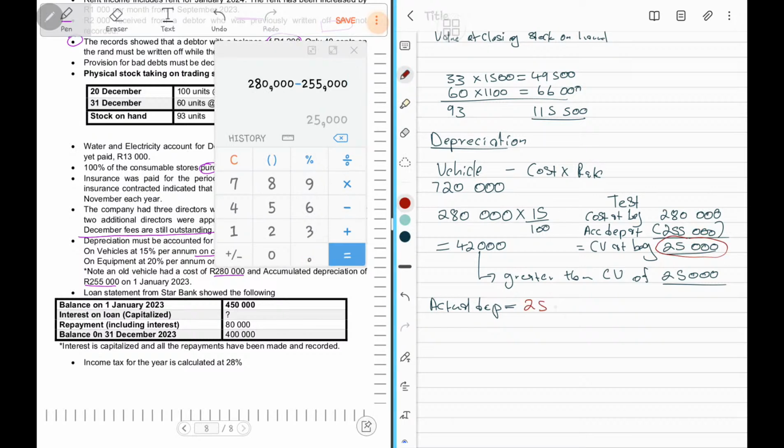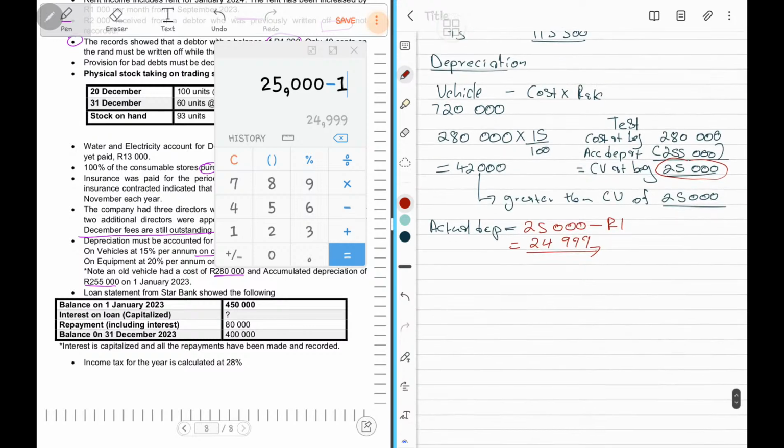So we're going to say 25,000. Then we're going to subtract the 1 rand of the residual value. So it will be 25,000 minus 1 rand. That gives us 24,999. I hope now you see how we apply the 1 rand rule.